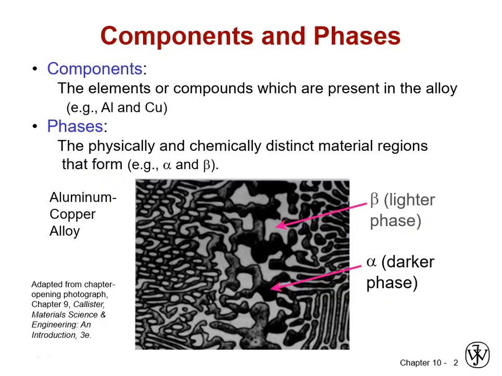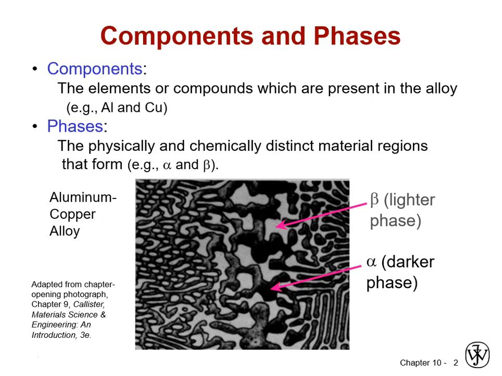So we can put forward a couple more definitions here, define a couple more terms: components and phases. So you saw from our sugar-water diagram, we were looking at water and sugar as being two components of the composition of the overall mixture, which could then be a solution, or it could be a mixture of multi-phase solutions.